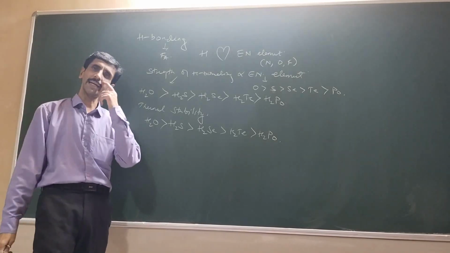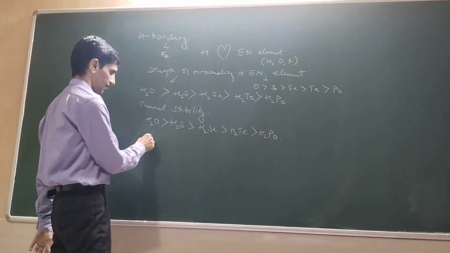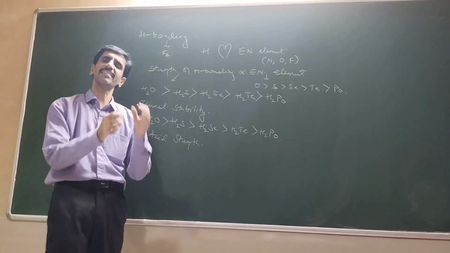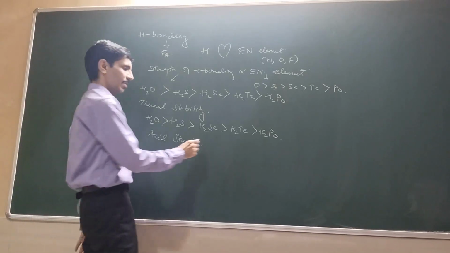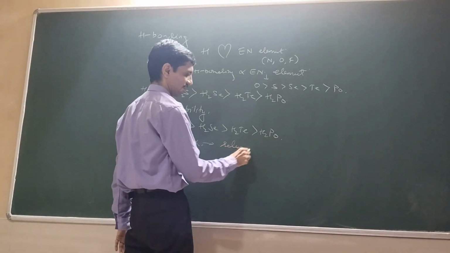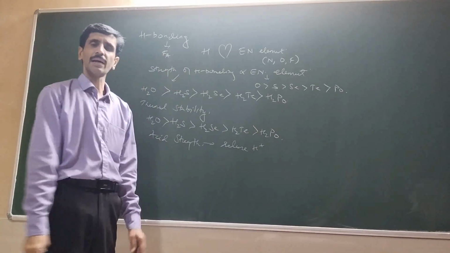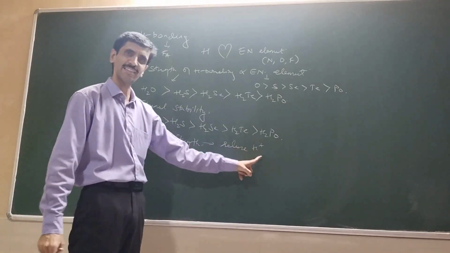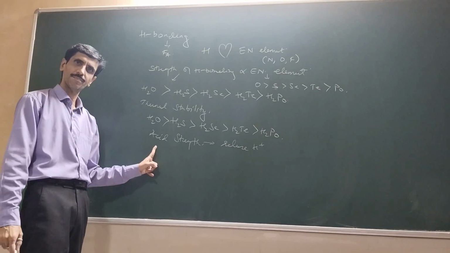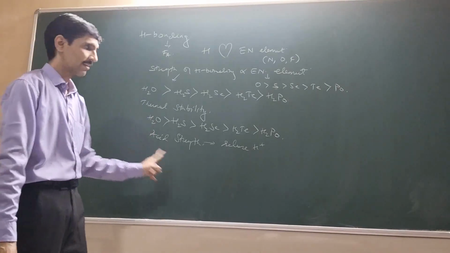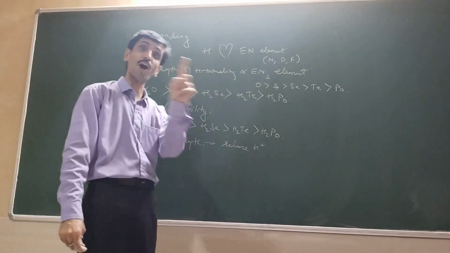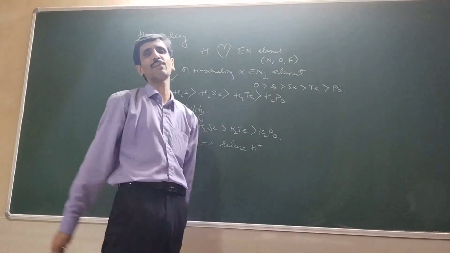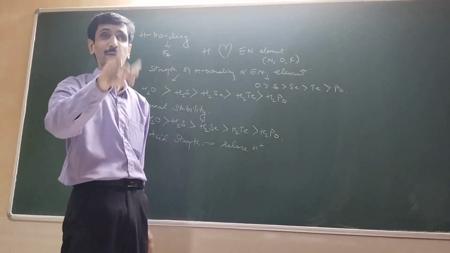We move to the next part, and that is we talk about the acid strength. Now this H plus is going to be released only when the bond is broken. So more easily the H plus is released, higher is the acidic strength. So if I want the acidic strength to be high, the release of H plus should be faster, and that means the bond should be weak. Then only it is going to break fast. And then only the H plus is going to be released faster. So the bond strength has to be lower.